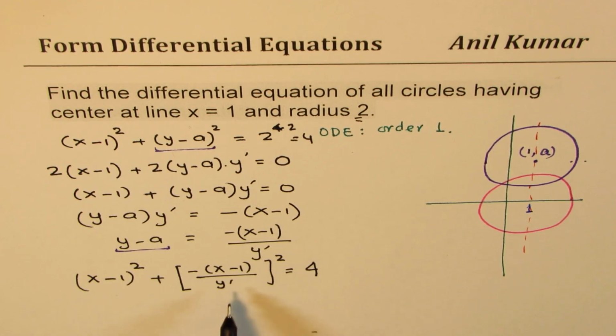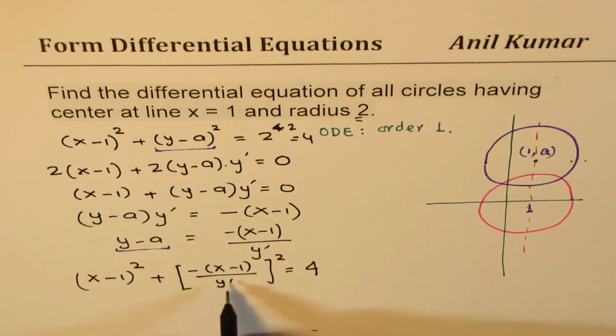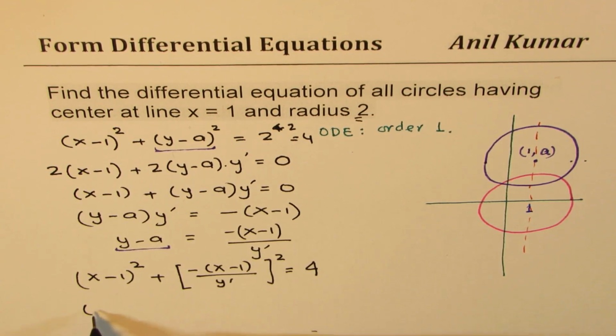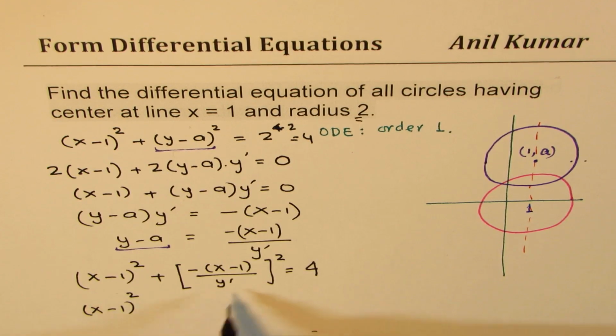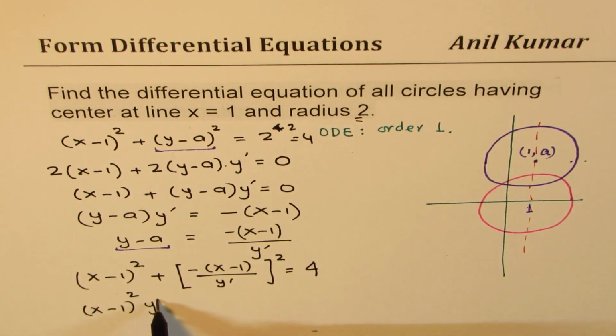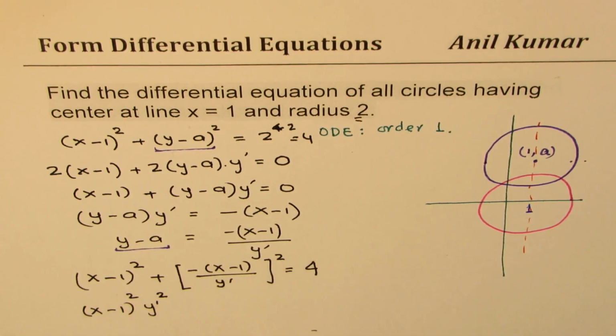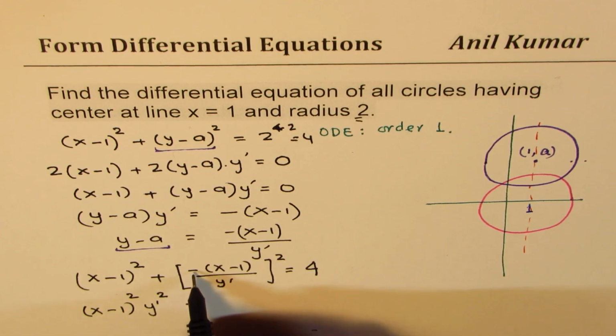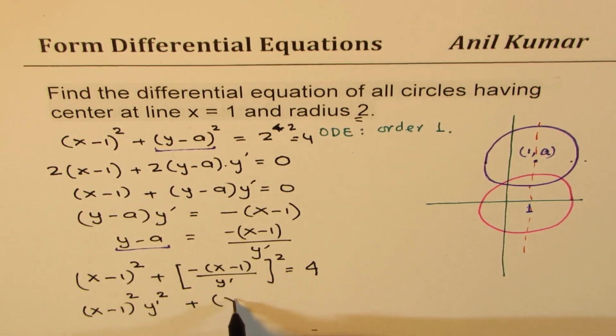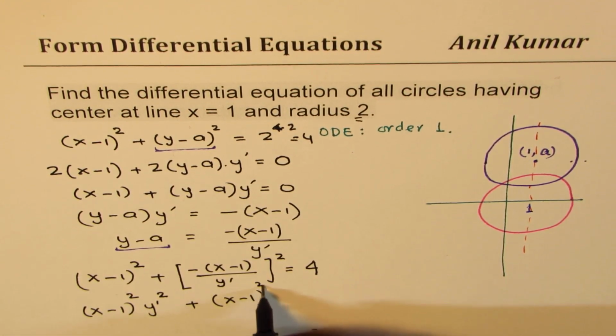Now it is always good practice not to write this in the denominator, right? So let's multiply this. We can write this as (x minus 1) whole squared y prime squared, that is this square, plus this becomes positive, so I can write this as (x minus 1) whole squared equals 4.